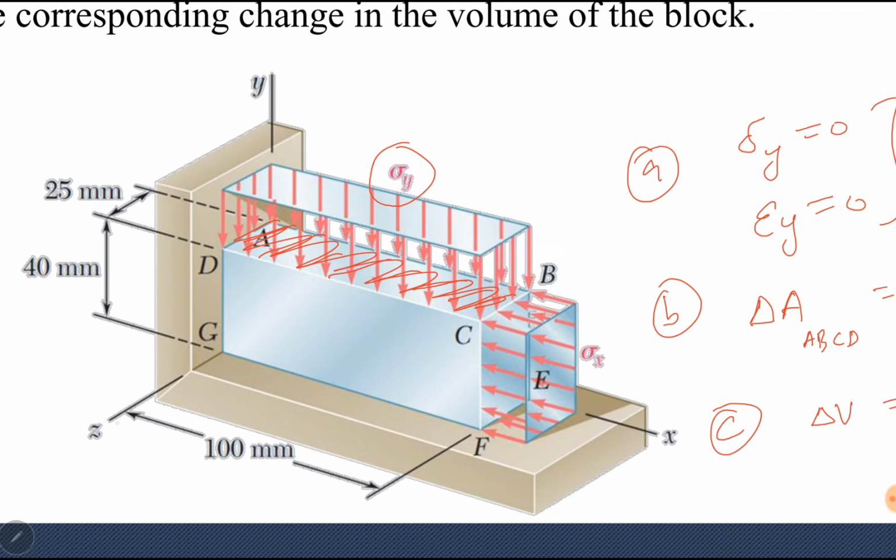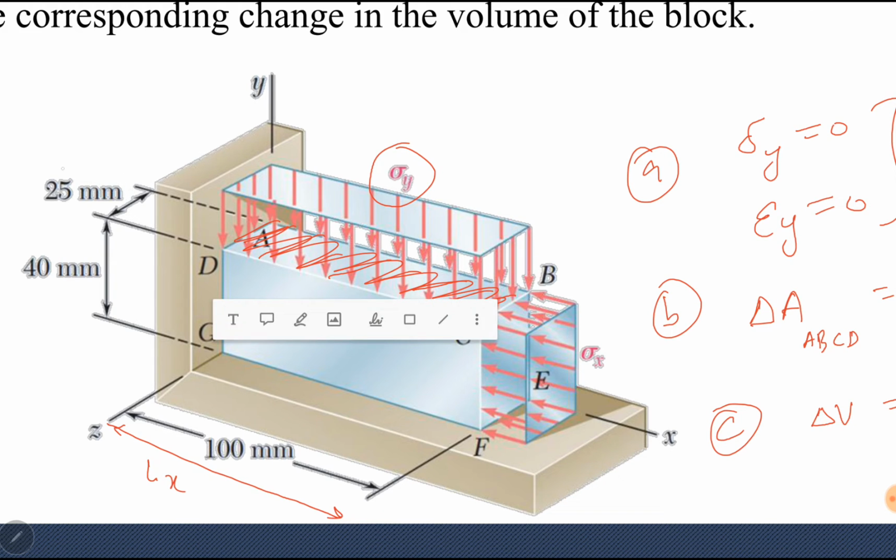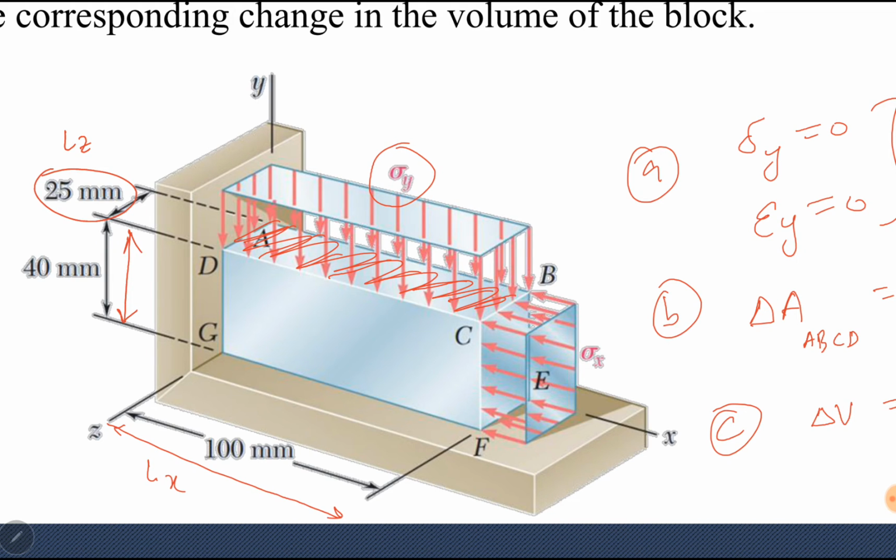Length is this 100 mm, let me call it Lx, length in x direction. Width is in z direction, this is Lz. And height, which is not required for area but will be required for volume, is Ly, length in y direction. So Lx is 100 mm and Lz is 25 mm.